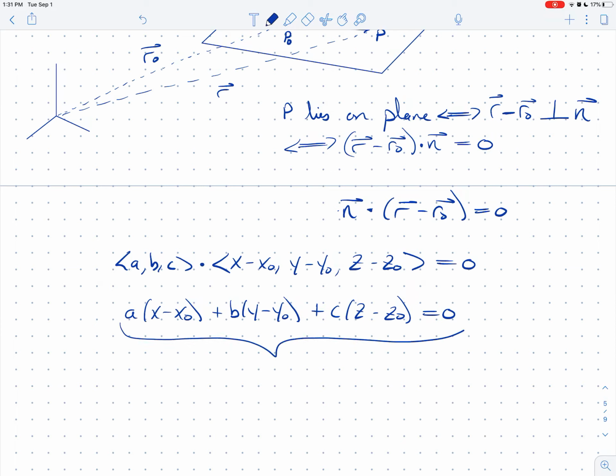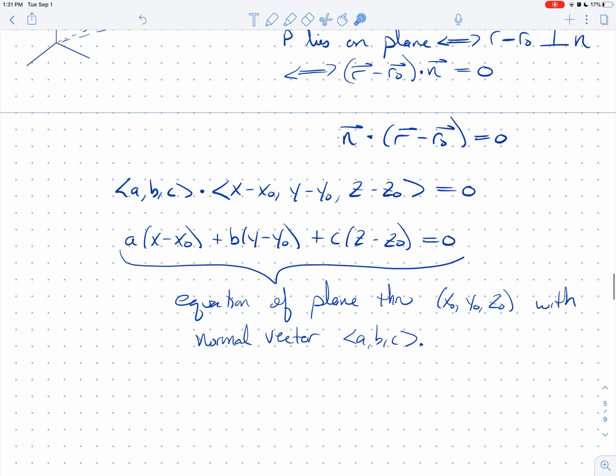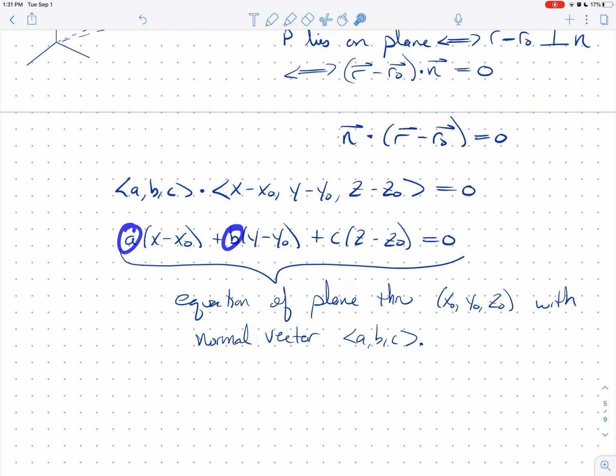This is an equation of the plane that goes through the point x naught, y naught, z naught, and with normal vector A, B, C. Okay, so you can see the normal vector sitting in front of each of those terms, and then you can see the point on the plane as well. And it's important that you can recognize that.